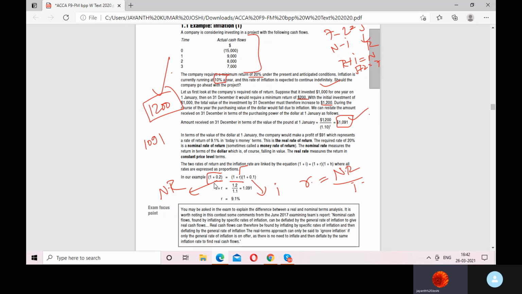This nominal rate divided by this inflation gives you the real rate, 9.1%. Now this 1200, which is the investment's value because of high inflation, I discount with this 1.10 inflation. I remove the inflation from this, and it becomes 1091. That is what we proved here.